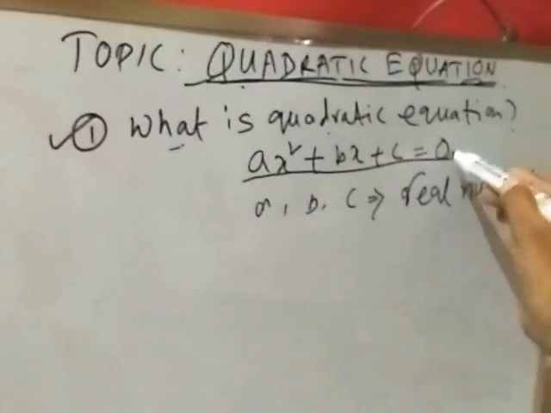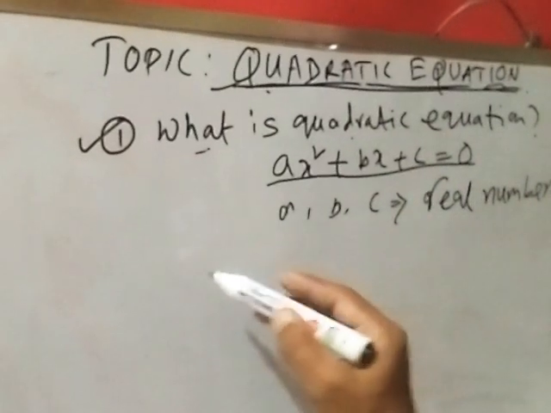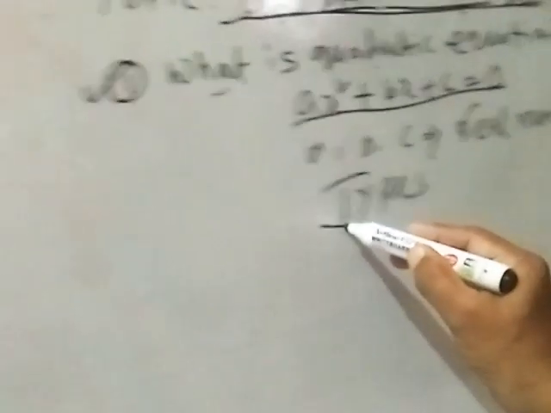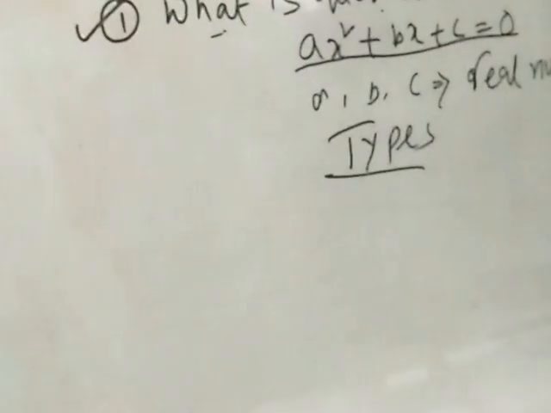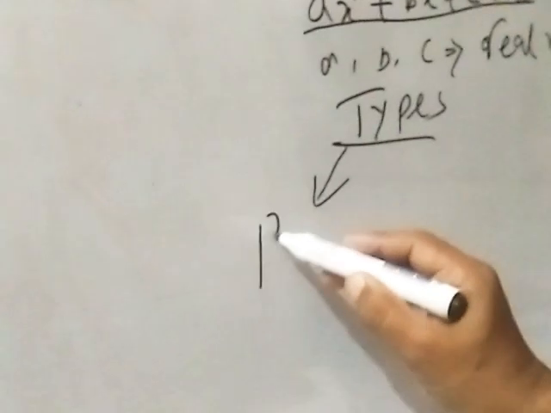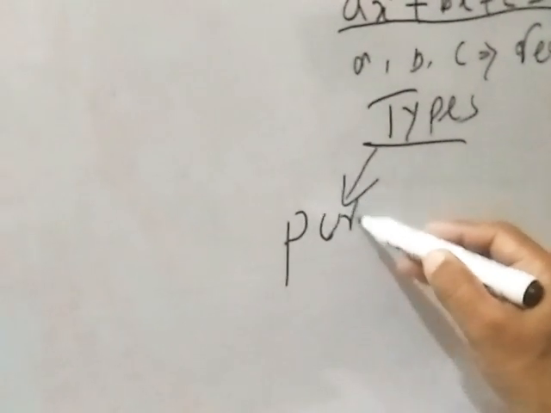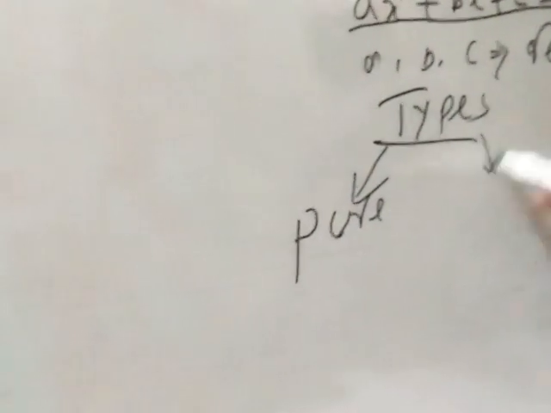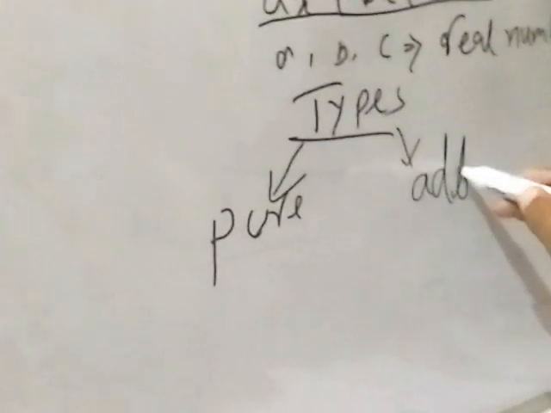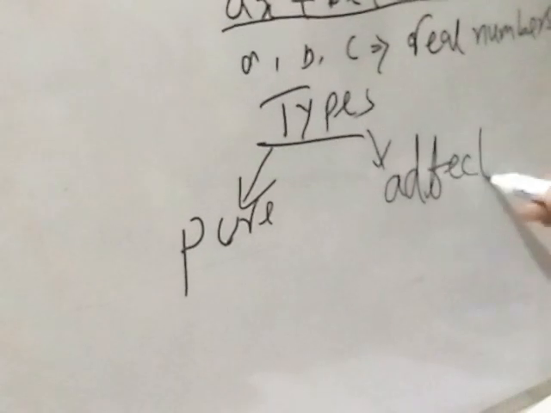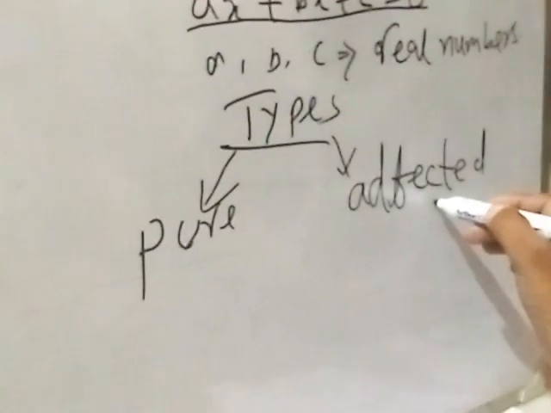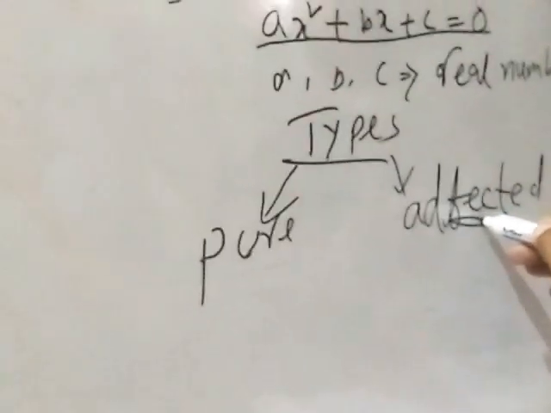The quadratic equation has 2 types. If you ask me what are the different types of quadratic equation, one is known as pure, P-U-R-E, and another is known as affected, A-F-F-E-C-T-E-D.